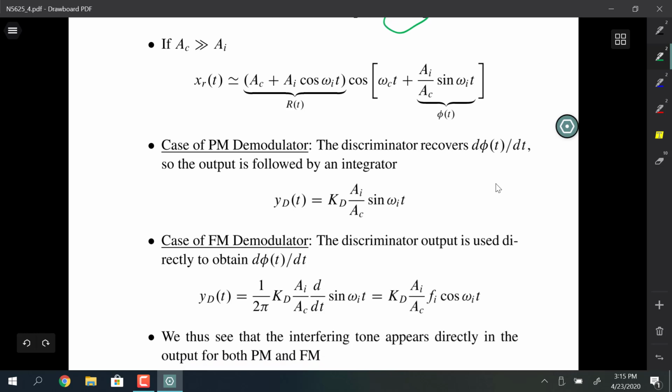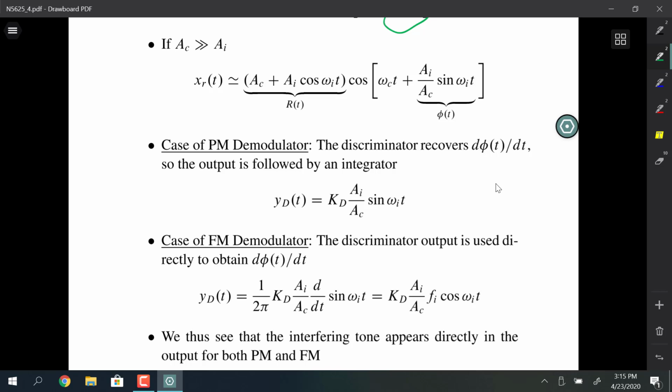So the discriminator will recover the derivative of that argument for FM modulation, and then when we integrate the derivative, we get back to what we started with.